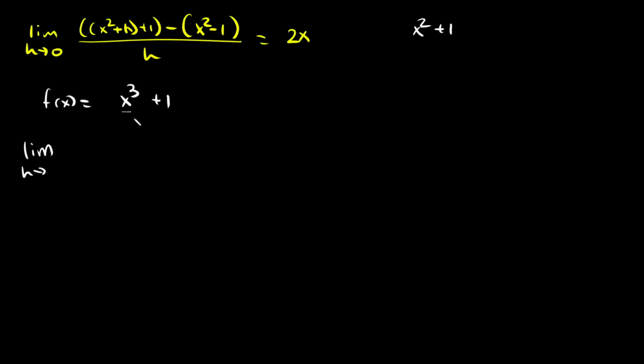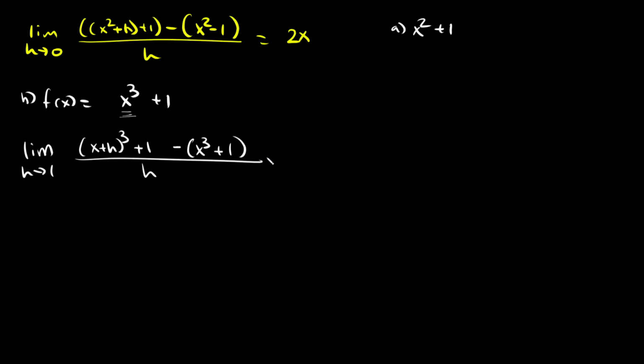And what we're gonna do here is use x to the power of 3 plus 1. Then we're gonna use x to the power of, this is a here, this is b. Okay, so let's do x to the power of 3 plus 1. This is gonna be h plus x plus h to the power of 3 plus 1. This is gonna be minus, with parentheses, x to the power of 3 plus 1 divided by h.